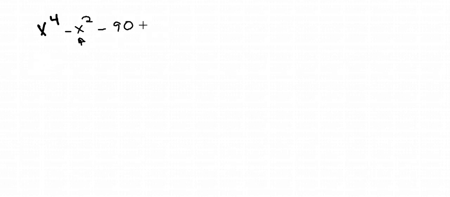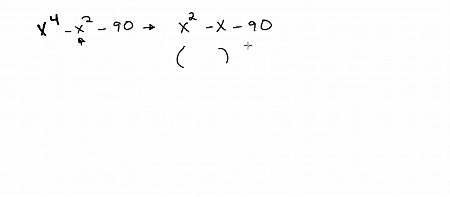So if I were to rewrite this and I said, okay, solve this equation, could you factor that? Yeah, it'd just be x plus 9, and then x minus 10.